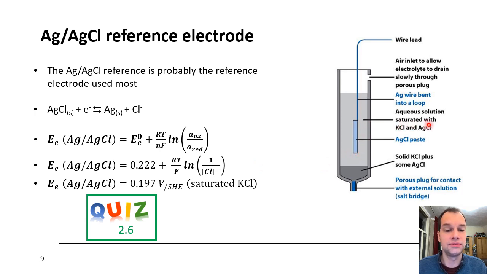So you need to know the saturation concentration of the chloride in that solution, and that you then fill in. For the rest, you only have solids here, so you don't have to worry about that, but you do have to worry about the chloride concentration. If you actually do that, then you get to a potential of 0.197 volts versus the standard hydrogen electrode.